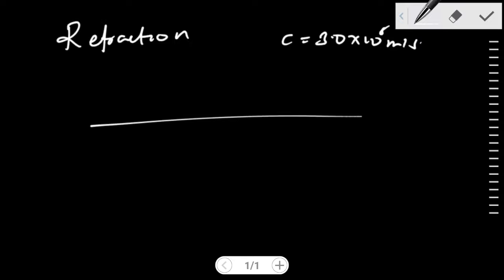Now, if it strikes the interface, for example, this is medium 1, and let's say this is vacuum.